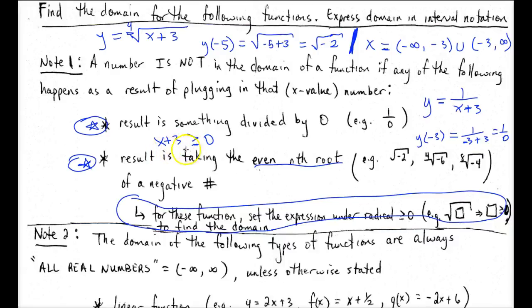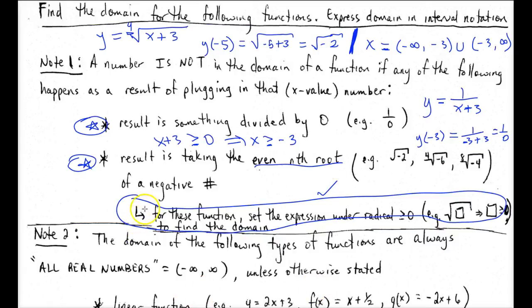And mathematically, what we say is this is non-negative, okay? So if we solve this, we will see that x has to be greater than or equal to -3. Values of x that are -3 or higher will be allowed to be plugged into this function, and values of x that are smaller than -3 will not be, because that will produce a negative number, okay? So that's what this information is saying here.